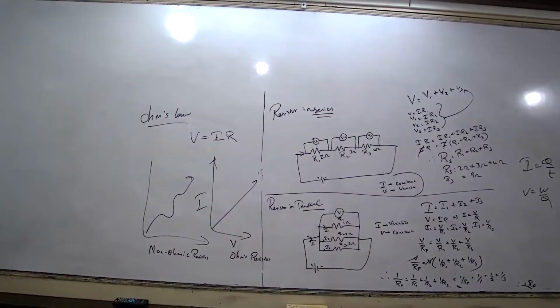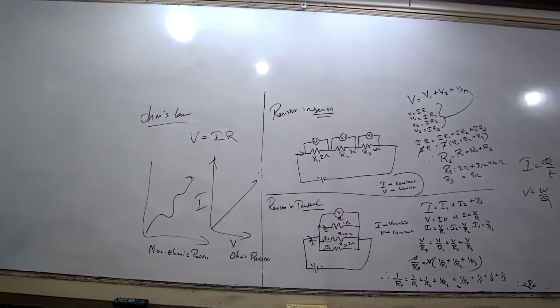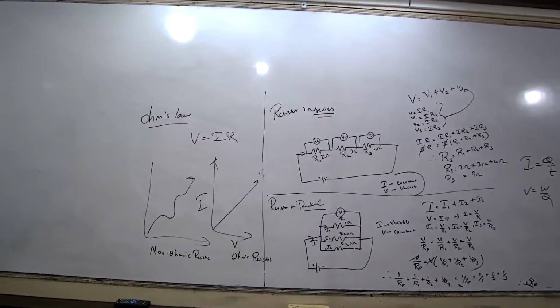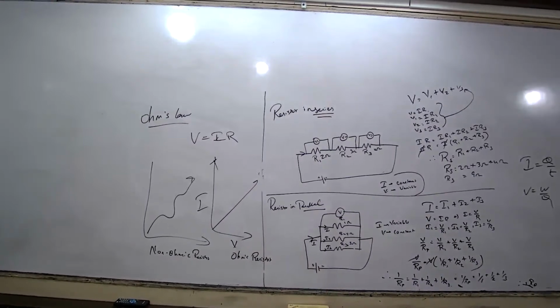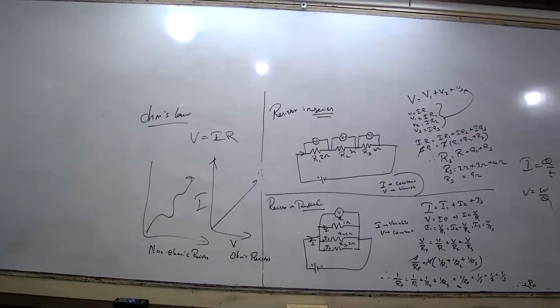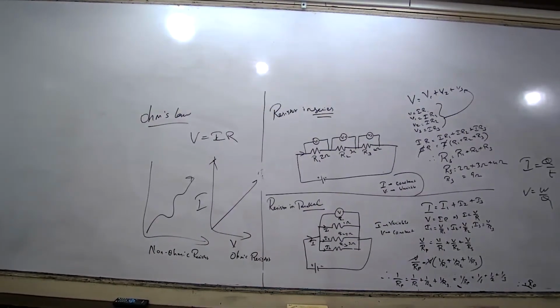A device used to vary the resistance in a circuit is called what? Rheostat. Actually, it is a device. A resistor has a particular value, and we can identify it.